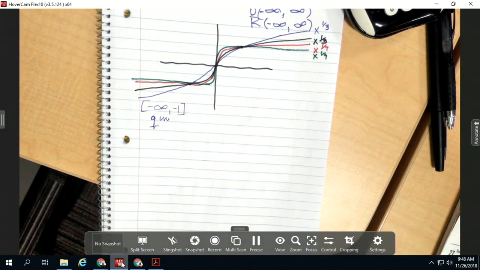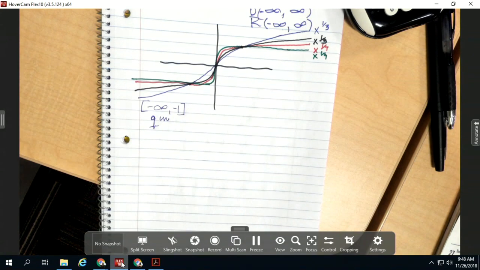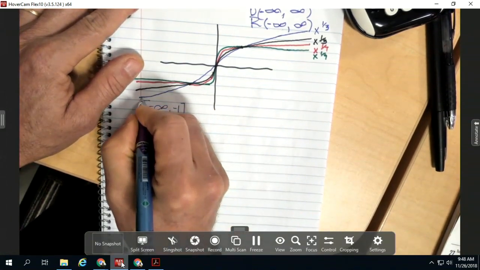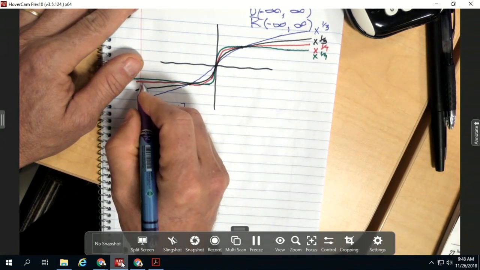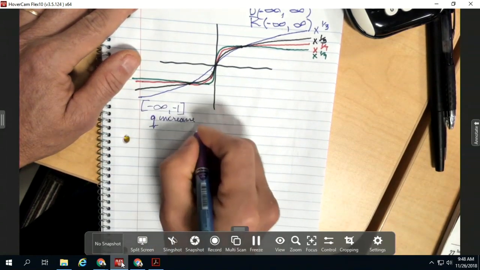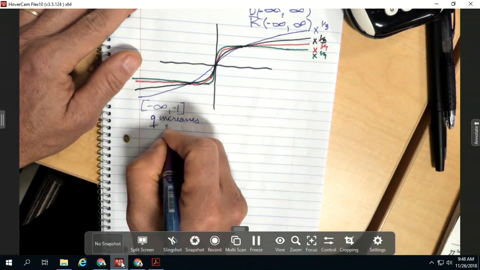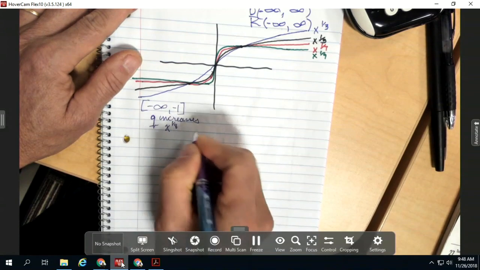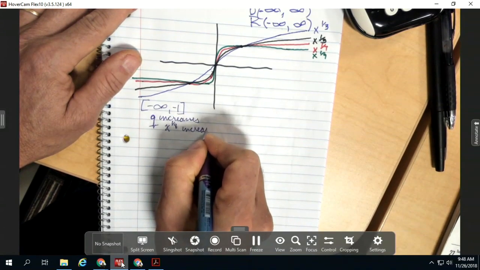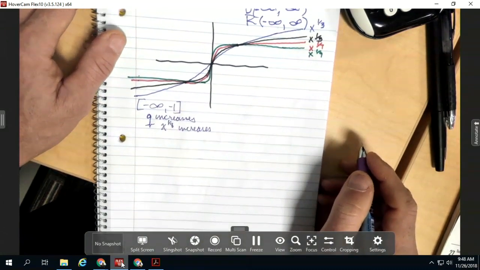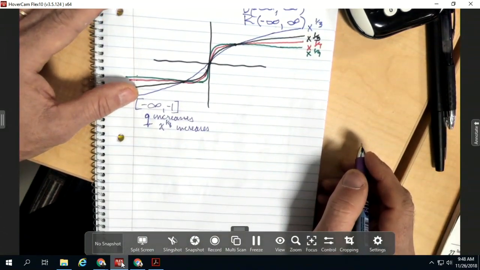What letter are we using? Q. As q increases, so here's 3, 5, 7, 9. As q increases, x to the 1/q increases, right? Because the green one is the greatest, the purple one is the smallest.